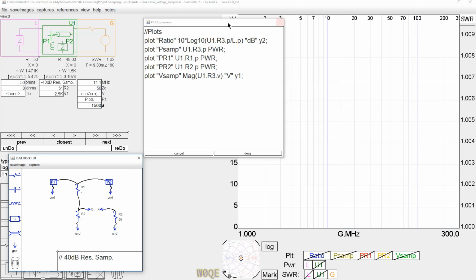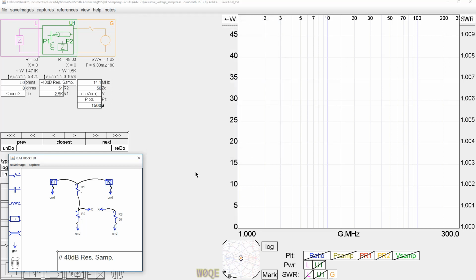So this circuit starts to look pretty nice. However, I also plot the power in these two resistors, and if you wish to handle the power that I wanted to handle, which was 1500 watts into a 3-to-1 SWR, here's 1500 watts into 50 ohm SWR, and we measure the power here. We see that the power on resistor R2 is less than 0.2 of a watt, which is great.